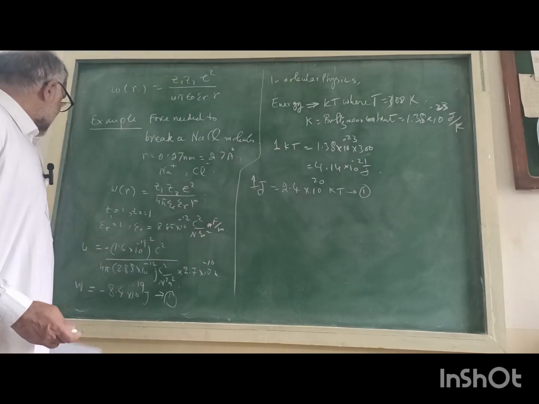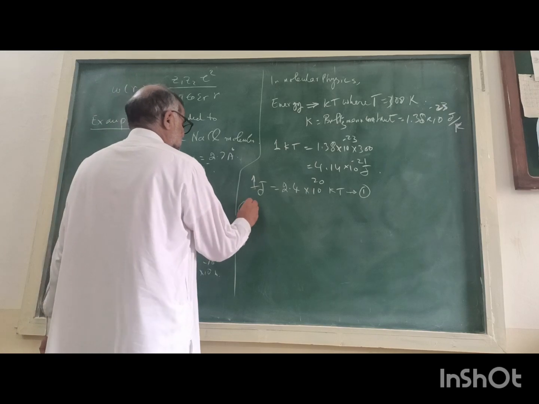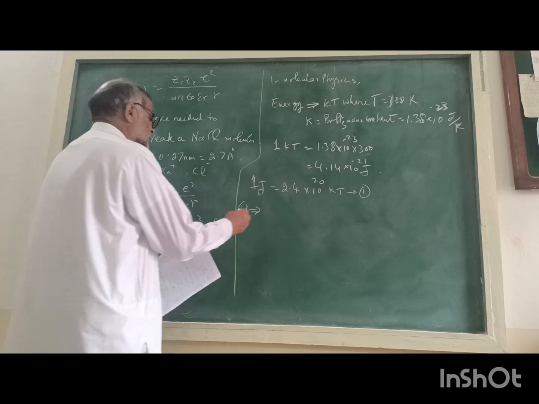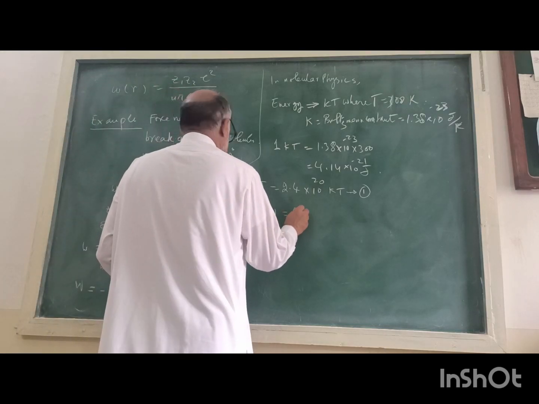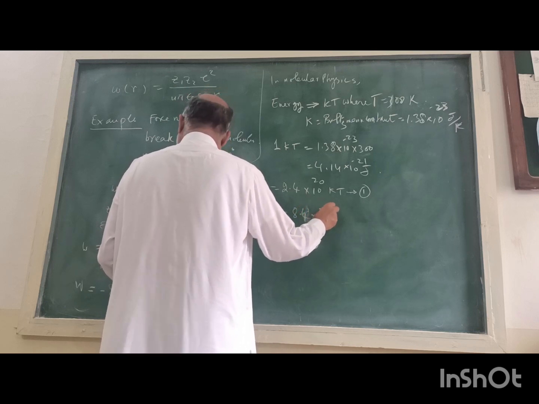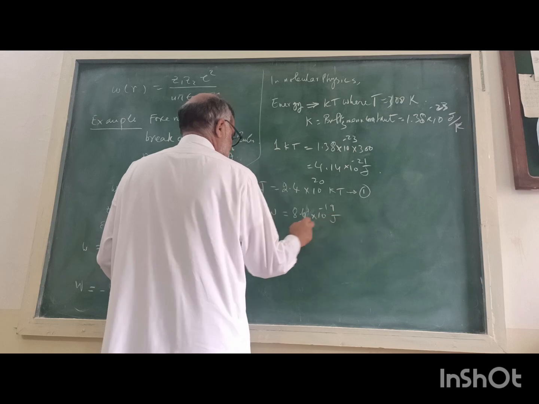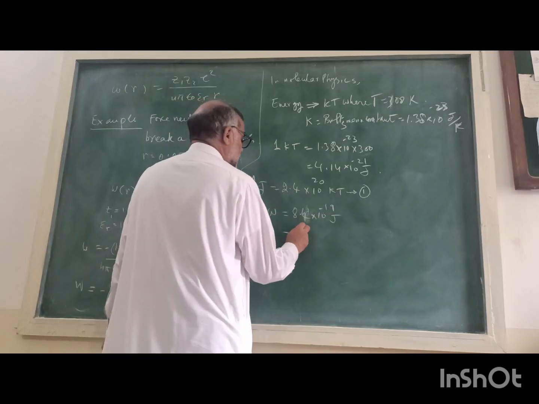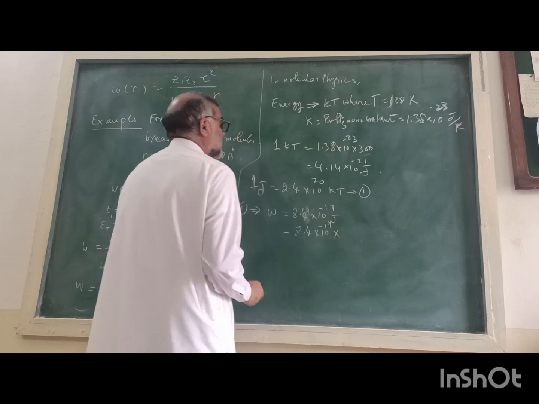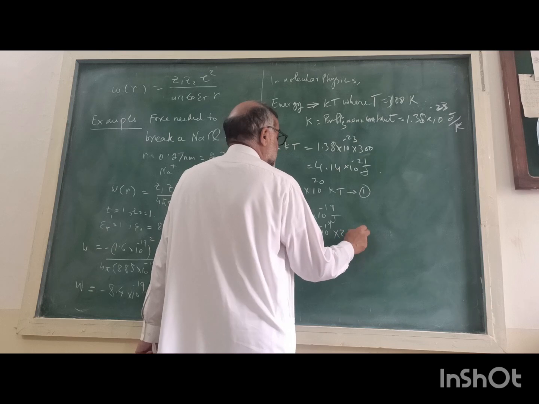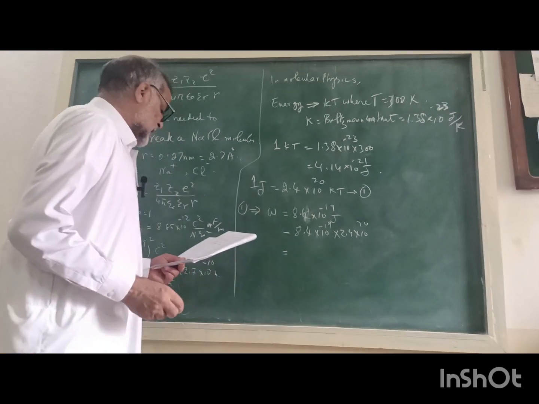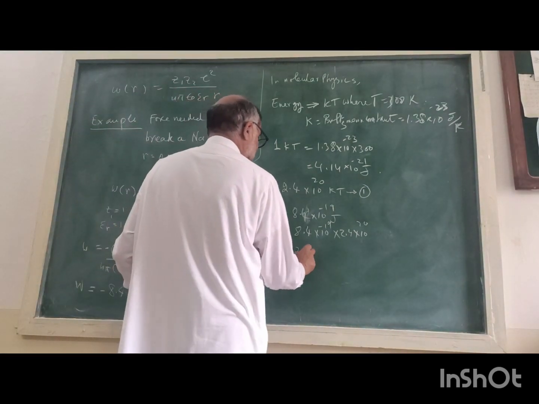So how much is this energy? This is 8.4 times 10 to the power minus 19 joules. So that will be equal to 8.4 times 10 to the power minus 19 multiplied by 2.4 times 10 to the power 20, and that is equal to 200 kT.